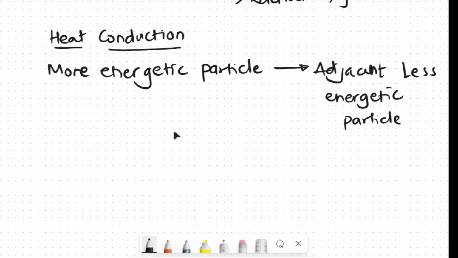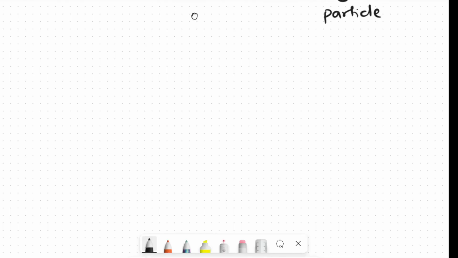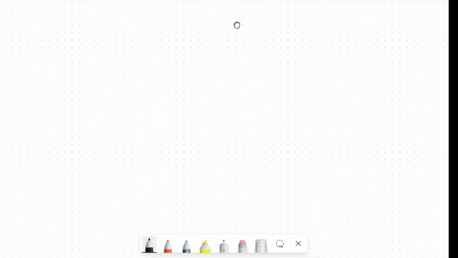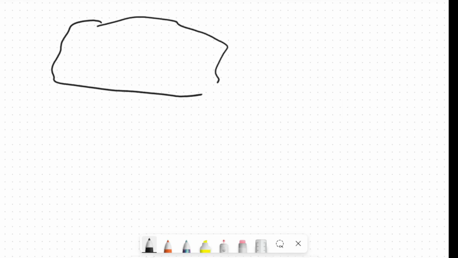Now, if we want to find out how heat conduction takes place in different phases, that is, how conduction takes place in solids, suppose this is the solid body.